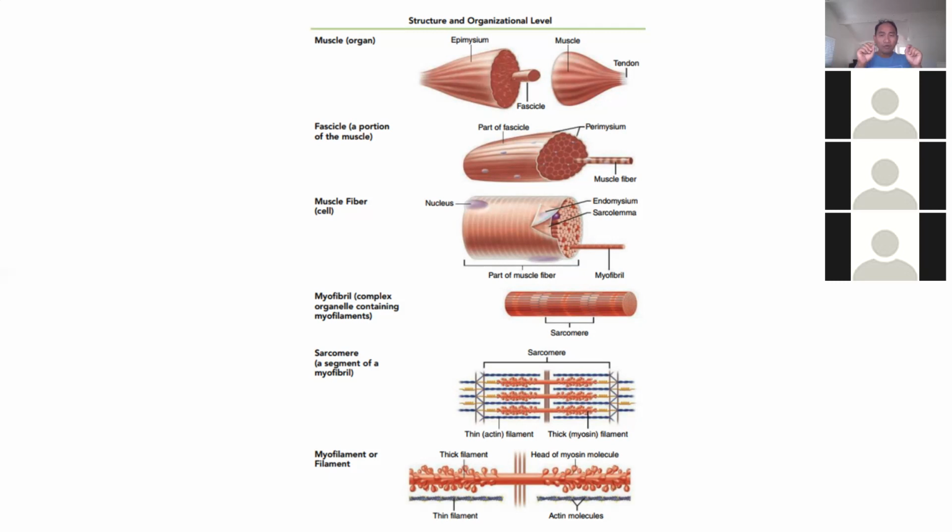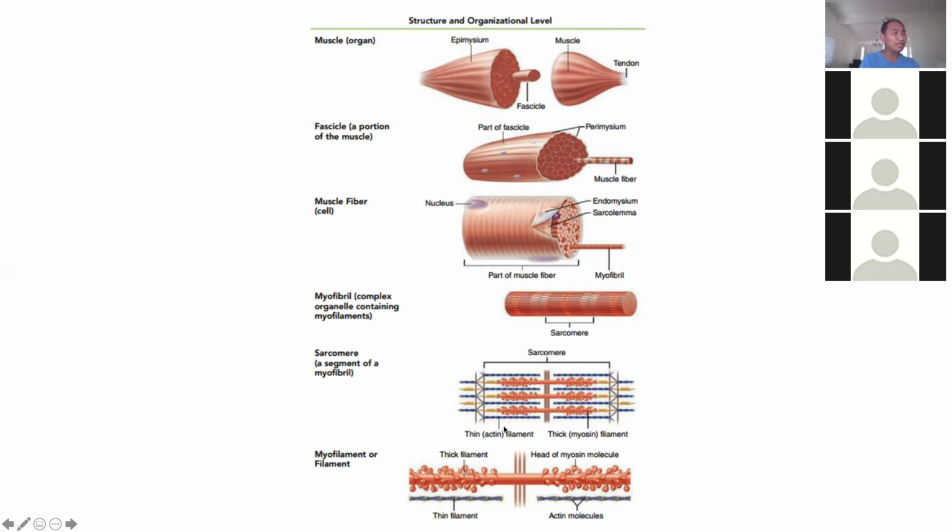Although the smooth muscles do not have a sarcomere, they still do have myofilaments, which are actin and myosin. It is not as organized and structured as skeletal or striated muscle. They still have the thick filament, which is myosin, and the thin filament, which is actin.